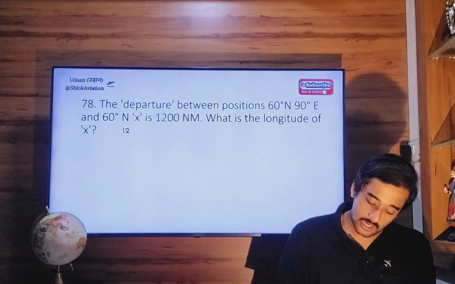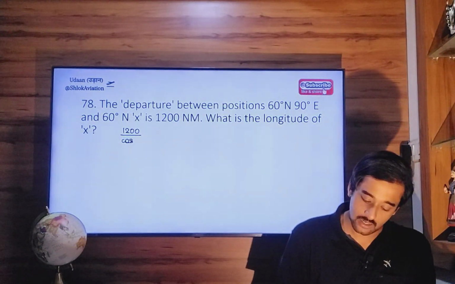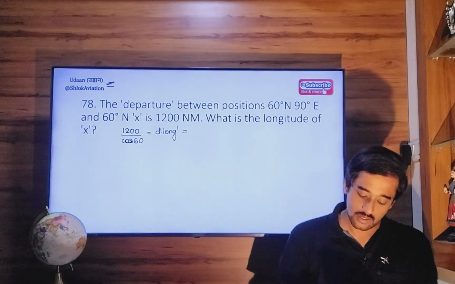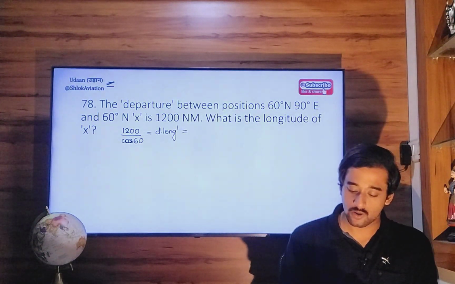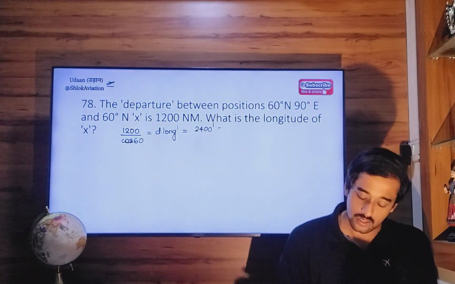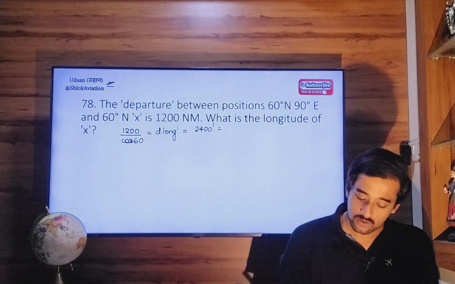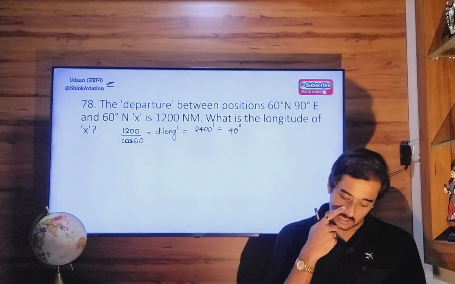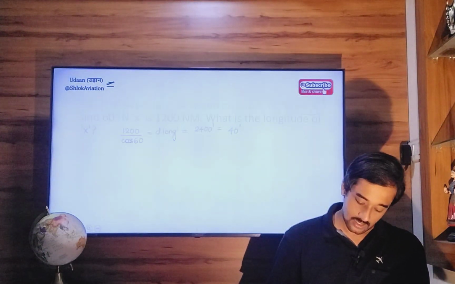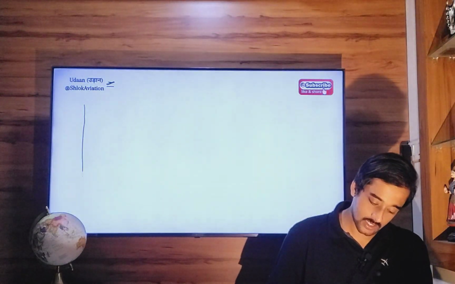So 1200 miles divided by cos 60 equals d long. Formula from departure. So 1200 divided by cos 60 is 2400 minutes, divided by 60 again, that is equal to 40 degree. So now initial position is 90 east.